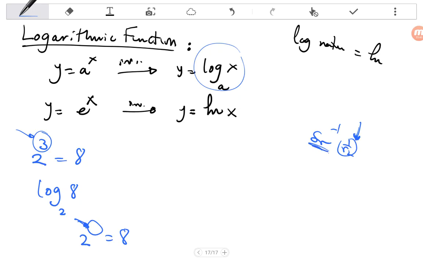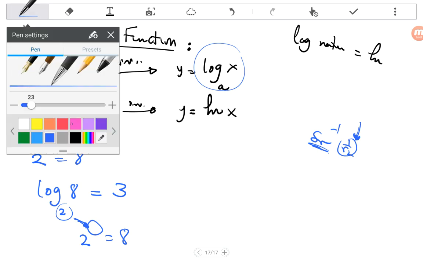As a sine inverse is an angle, a log is an exponent. That is just equal to 3.